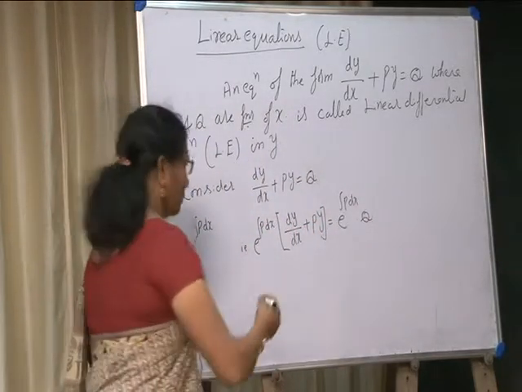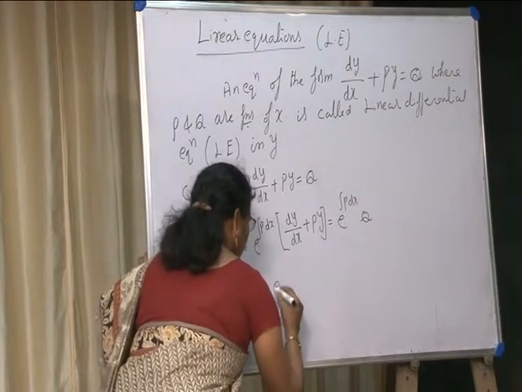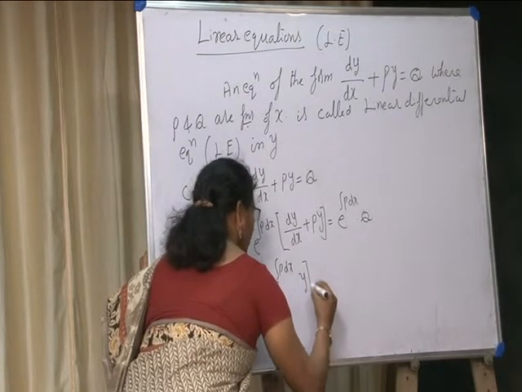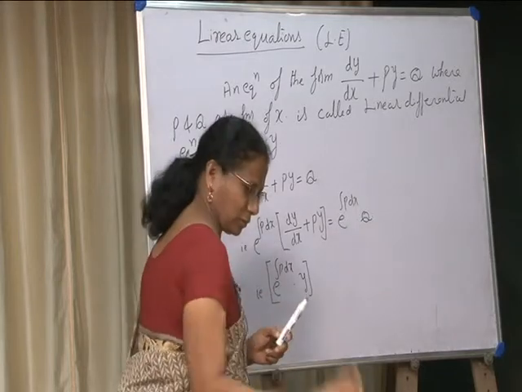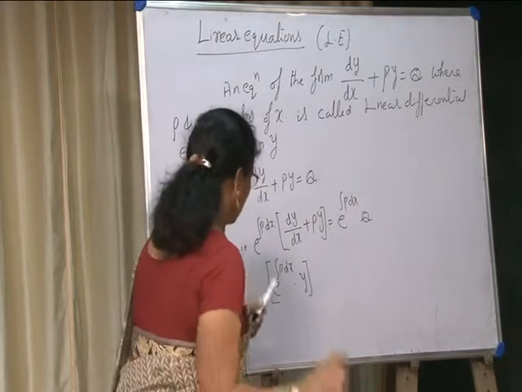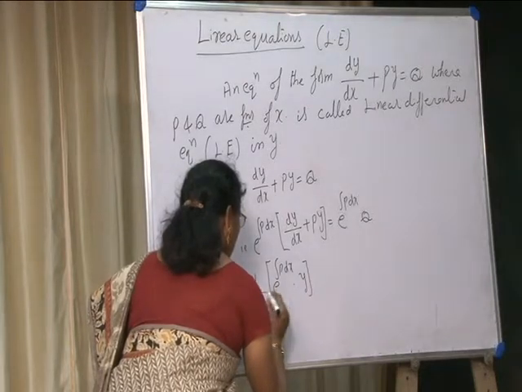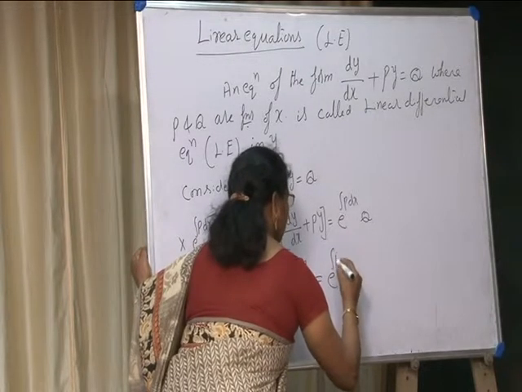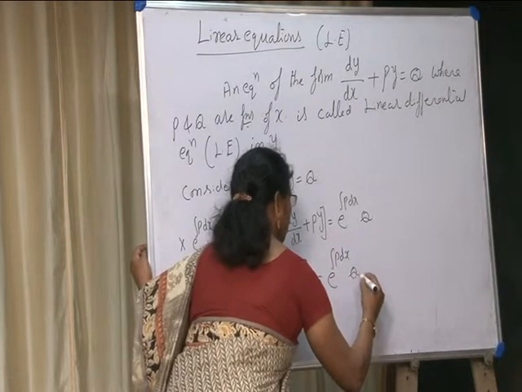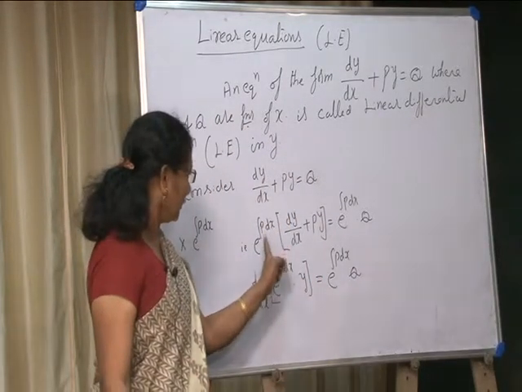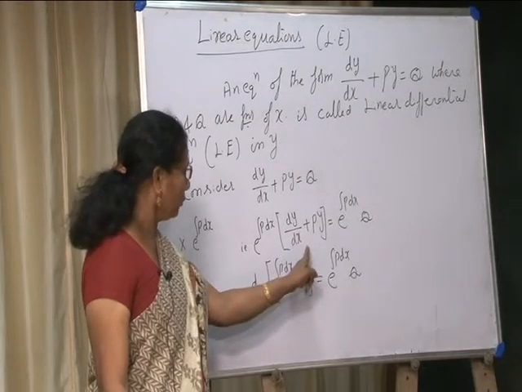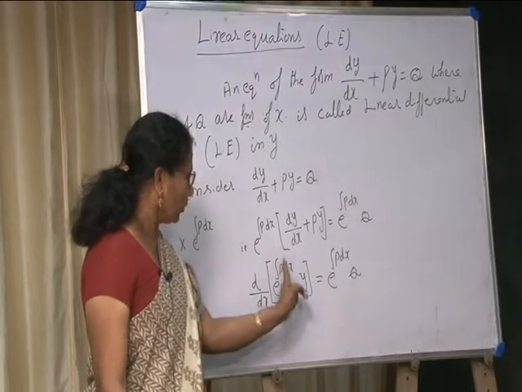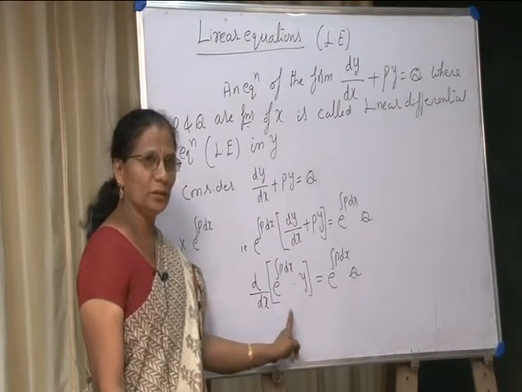This can be written as, look at the board, e to the power of integral of p dx into dy by dx plus py, that can be written as the derivative of e to the power of integral of p dx into y. Differentiate this.